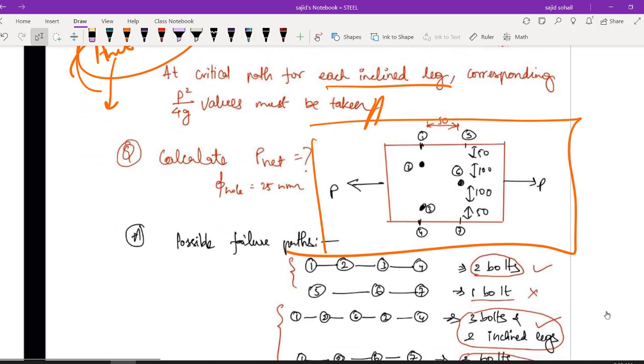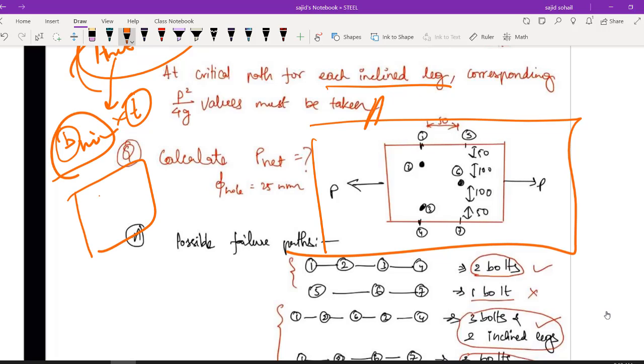A net eventually depends on what? Thickness तो constant रहेगा. Only thing which is changing is width, b, right? b minimum is changing. Thickness तो constant है. b minimum it is changing. It is depending upon in which path you are considering. अगर यहाँ से consider करोगे, so your b will be nothing but total width of your plate minus 2 holes are there, minus 2 into d. If you are considering here b minus 1d.